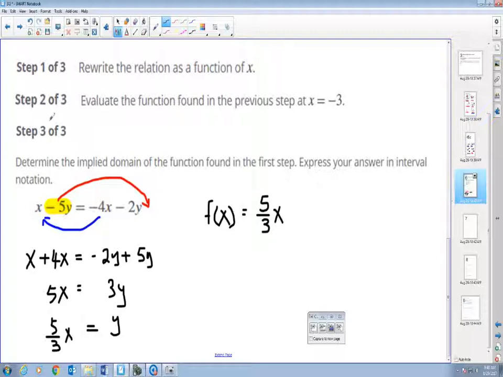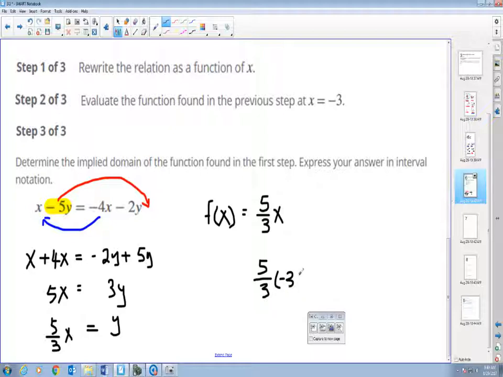Alright. So step 2, evaluate the function in the previous step at x equal to negative 3. If I substitute negative 3 here by hand, because this is my function, 5 over 3 times negative 3.